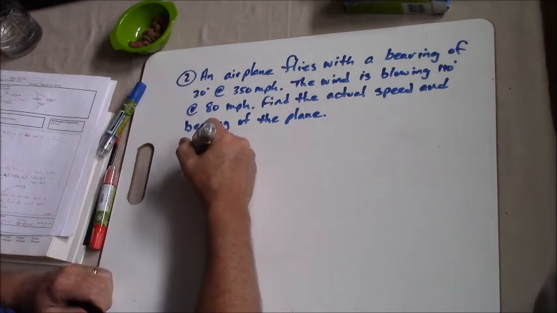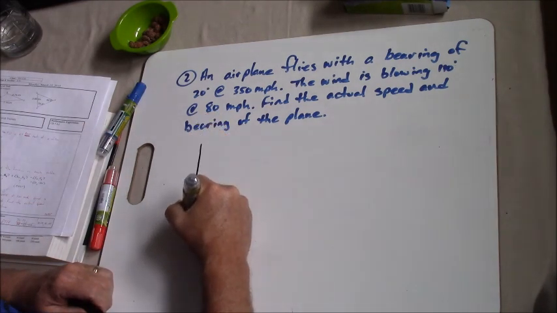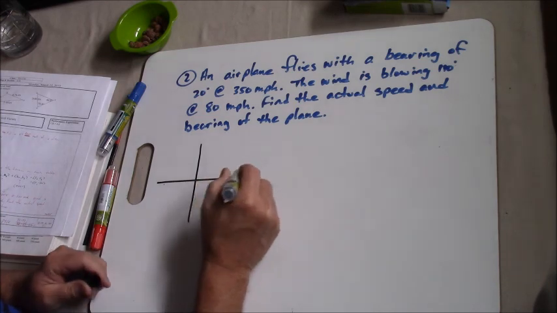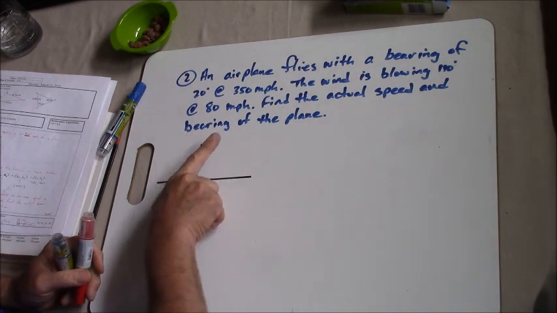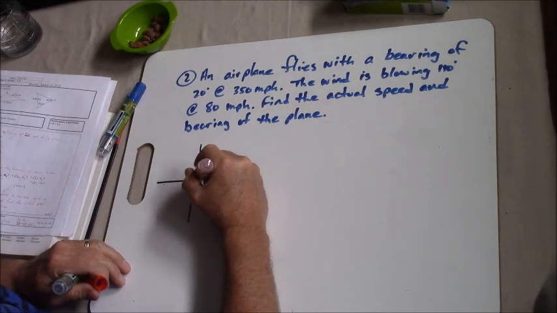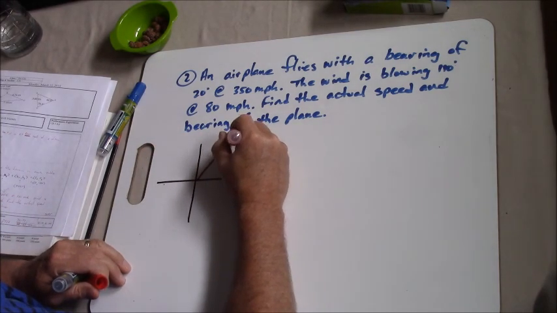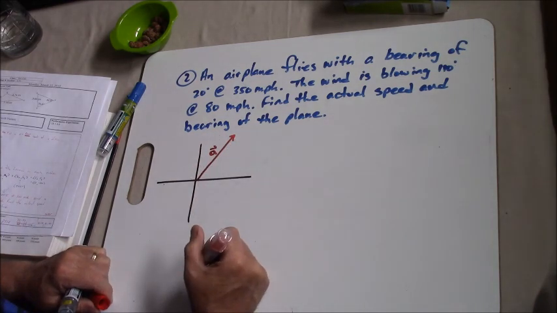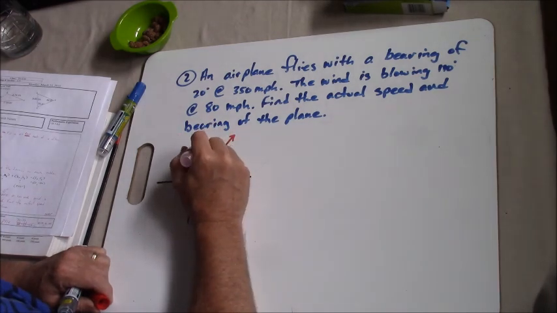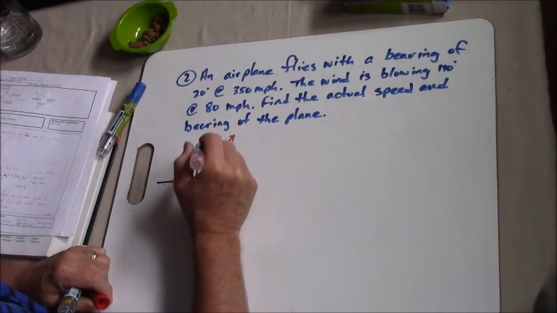So what I'm going to do is draw an XY axis. And I'm going to think if I start here and rotate 20 degrees, that's not real far. Something like this. So there's vector A for airplane. And it's going 350 miles per hour.